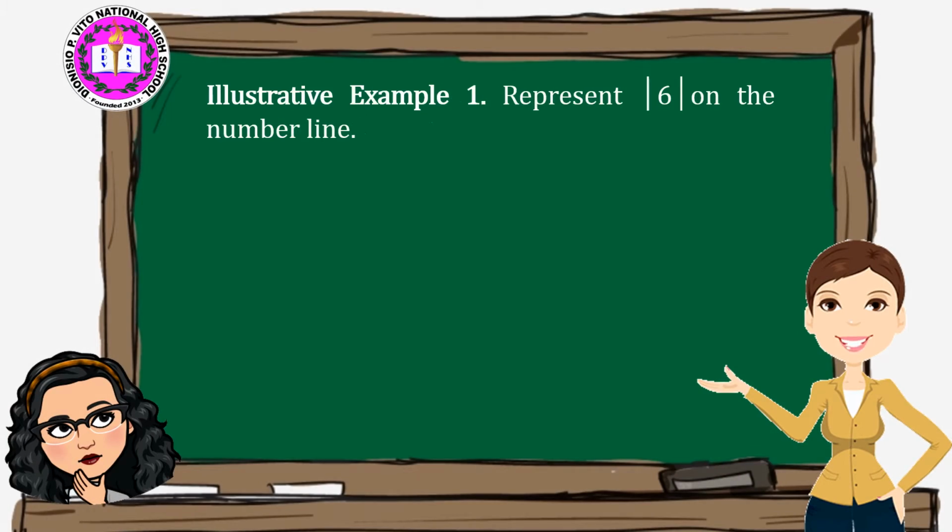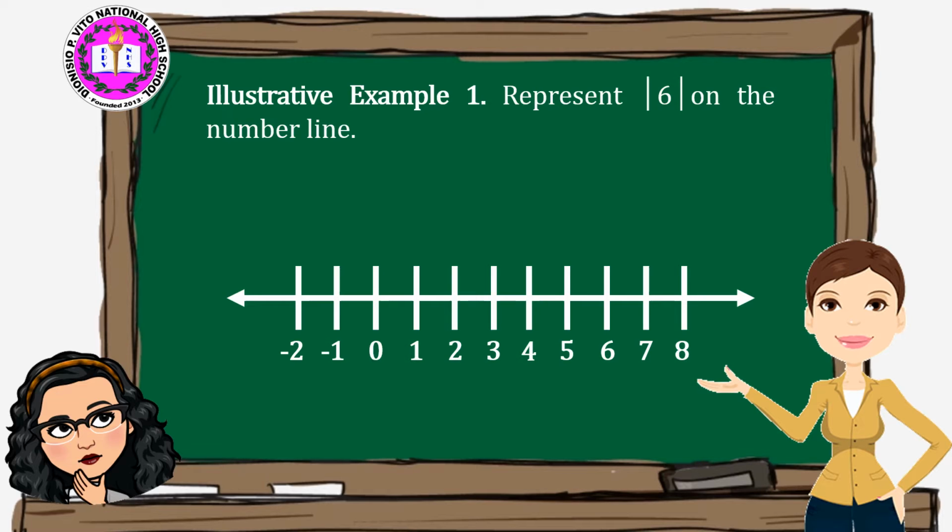Let's have an example. Represent absolute value of 6 on the number line. So first we need to have our number line. Then we're going to represent absolute value of positive 6 on the number line. So we're going to begin from 0 up to positive 6.